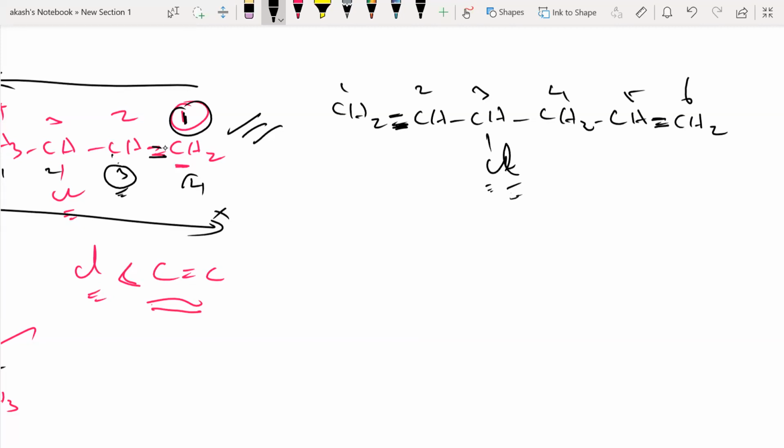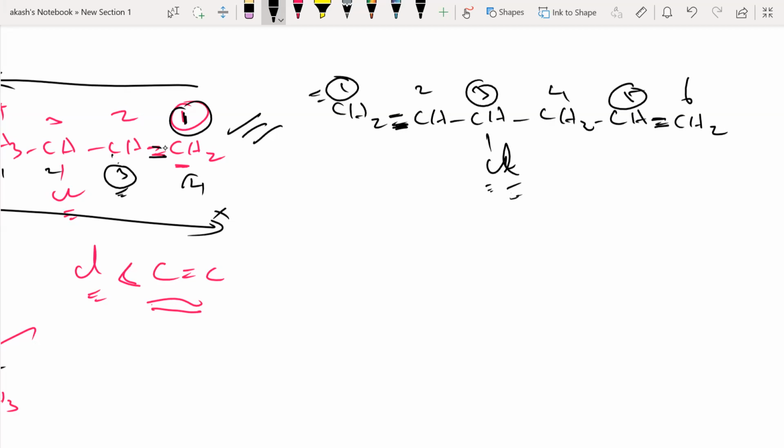Chlorine should not be counted in the carbon atoms. Please be very careful. This is Cl. This is one possibility, and we'll check what numbers we are getting for the double bonds. For the first double bond, I'm getting 1, for the second double bond, I'm getting 5, and for the chlorine, I'm getting 3.